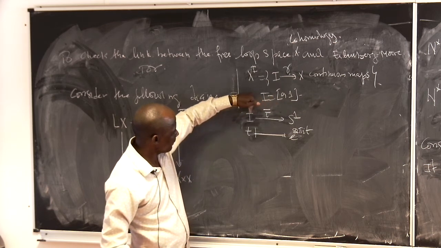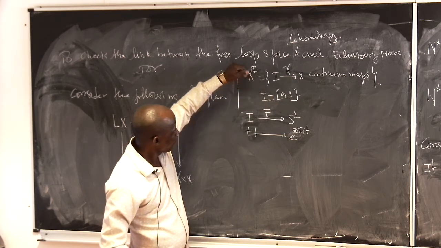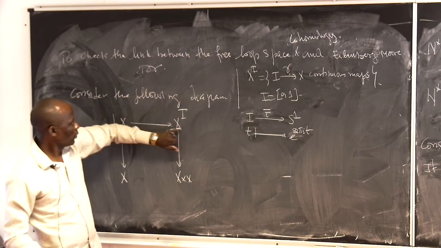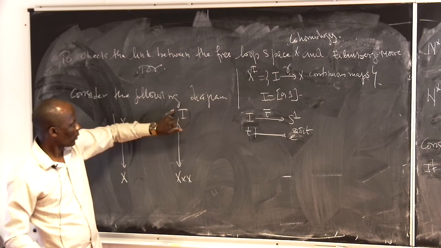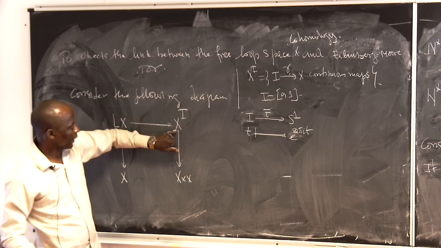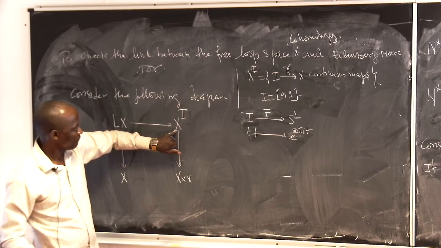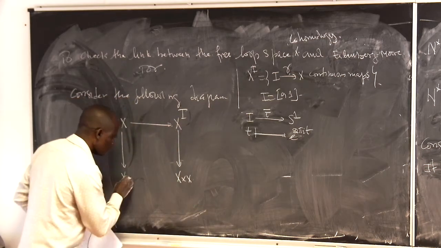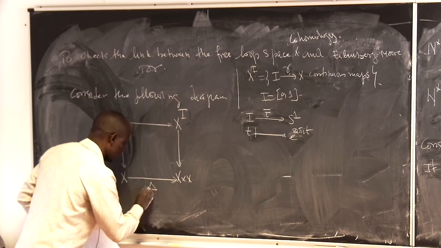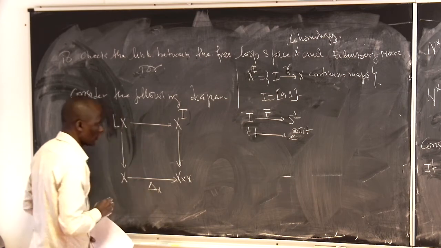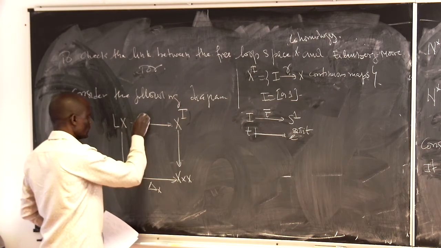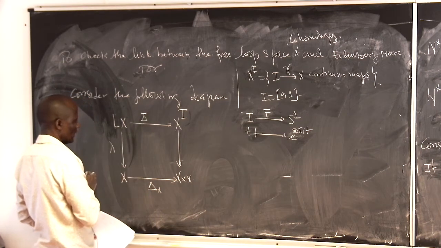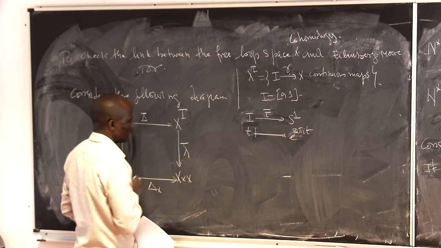So this map allows one to move from the free loop space to an element here, and conversely, here we have our diagonal, the topological diagonal. Let us denote this map by delta bar, this one by lambda, and this one by lambda bar.